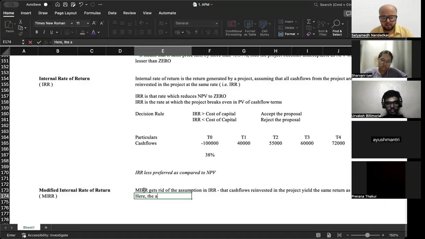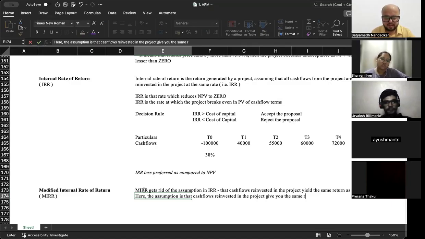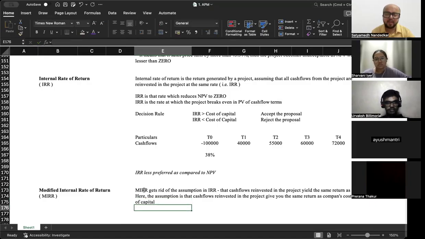Here, the assumption is that cash flows reinvested in the project give you the same return as the company's cost of capital. See, what is cost of capital?